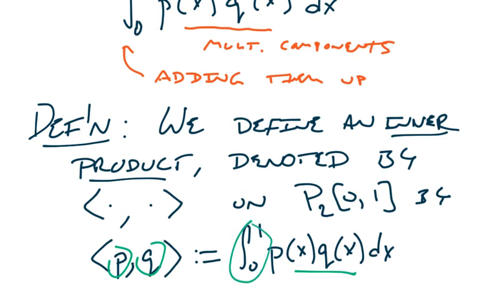And so notice that this is going to return a scalar value. This end result will be scalar, which is exactly what we need from a dot product, or in this case, an inner product. It's just a fancy term that we give to things that aren't the standard dot product. So this thing takes in two vectors, and it returns a scalar, just like we want it to.